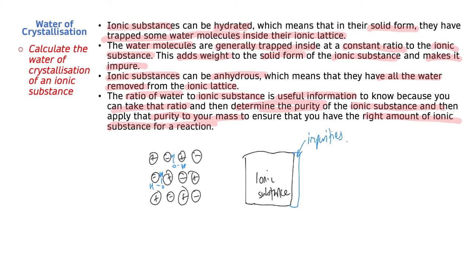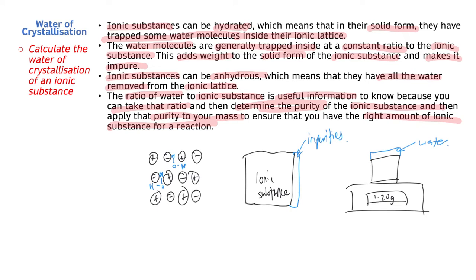Now, the important thing to realize is that if I go to a lab and weigh something out of this ionic substance with the impurities, say I calculate that I want 1.2 grams, if I've got my hydrated substance on there, I'm going to have some part of that as water, which is not what you want.